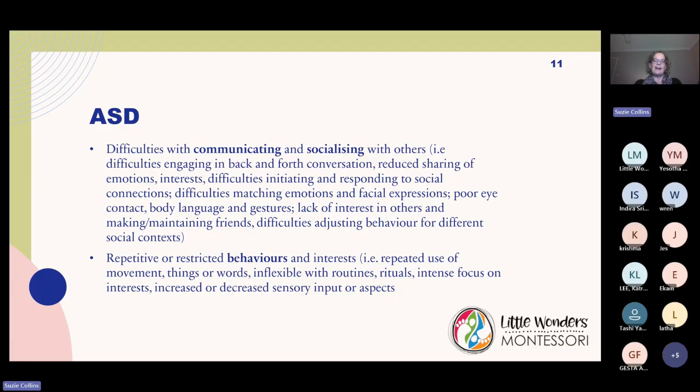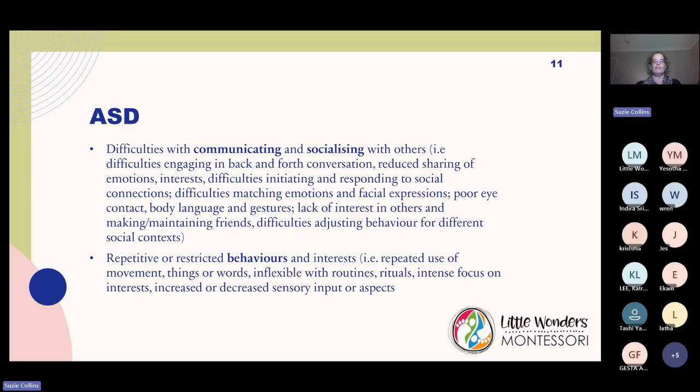But the other part that's important for an autism diagnosis is checking what their behaviours are like and whether there are any repetitive or restrictive behaviours or interests. That might look like repeated use of a particular movement.